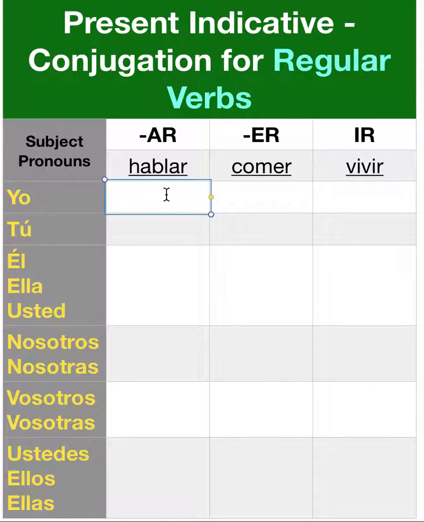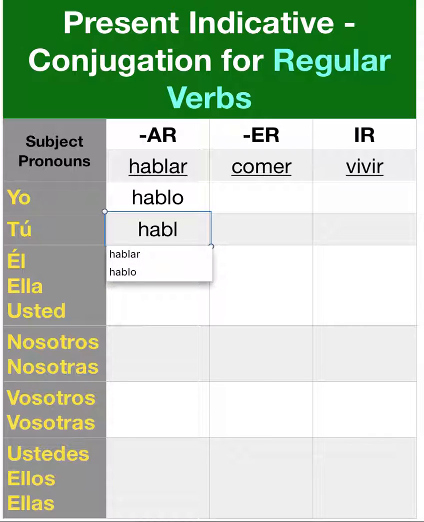For the AR verb hablar, for the subject pronoun I, which is yo in Spanish, we take the stem and then we add o. Yo hablo, which means I speak. For tú, we take the stem and add as.